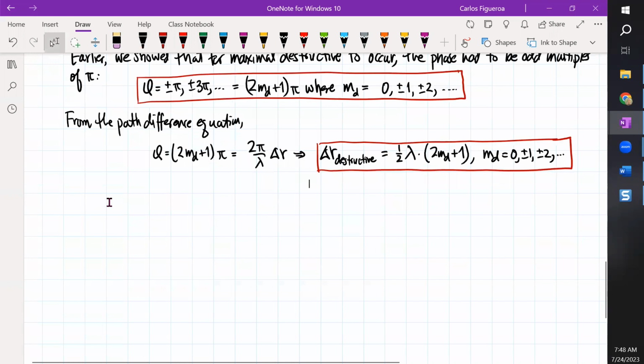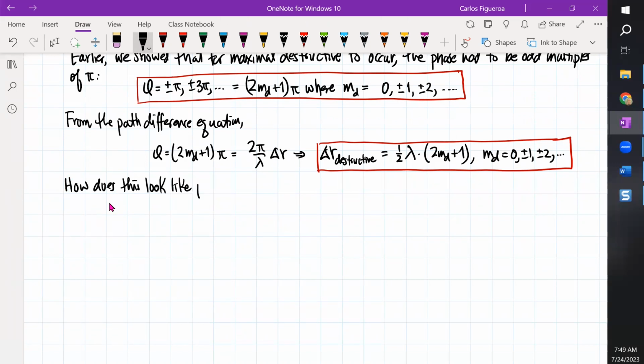So as we did before, how does this look picture-wise?